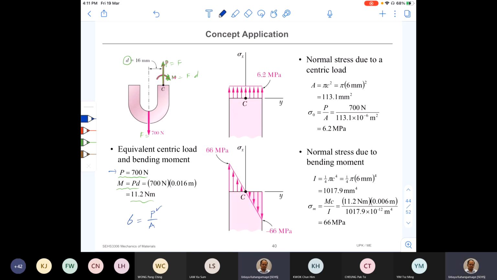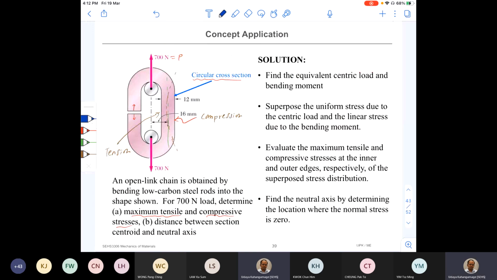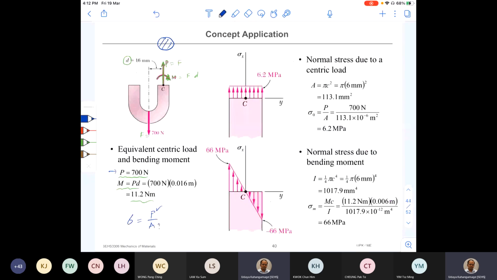So we know this one. Once we calculate A, we can find that stress. The cross-sectional area here is circular, and the diameter is given as 12 millimeters. So this diameter, I use capital D, is 12 millimeters.